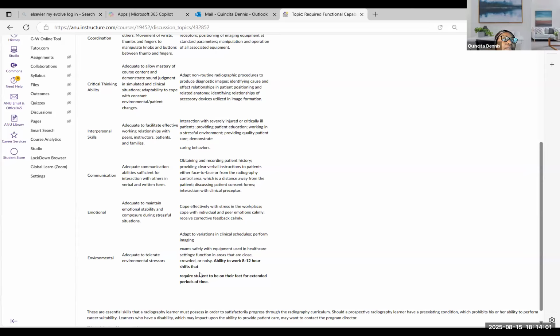Patient refused exam. Patient was still unable after multiple attempts to do XYZ, and this is the best image that we could get. So again, you have to be able to communicate, whether it's face to face or through the computer system.